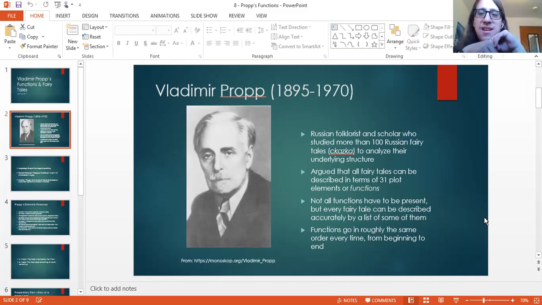Now what he did is he gave letters of the alphabet to the different functions. And I think the reason he did this was because he argued that functions went in roughly the same order. There were functions, plot events, that happened at the beginning of a story, and there were plot events that happened at the end of a story. And that kind of makes sense, right? There are some things that are more beginning sorts of ideas, and there are some things that are really ending sorts of ideas.